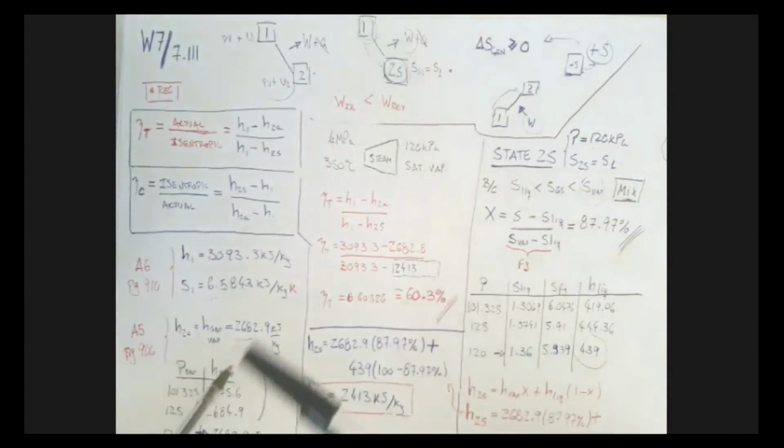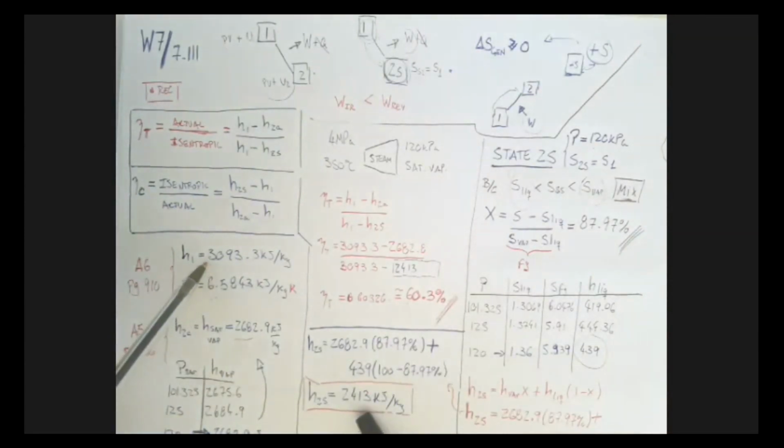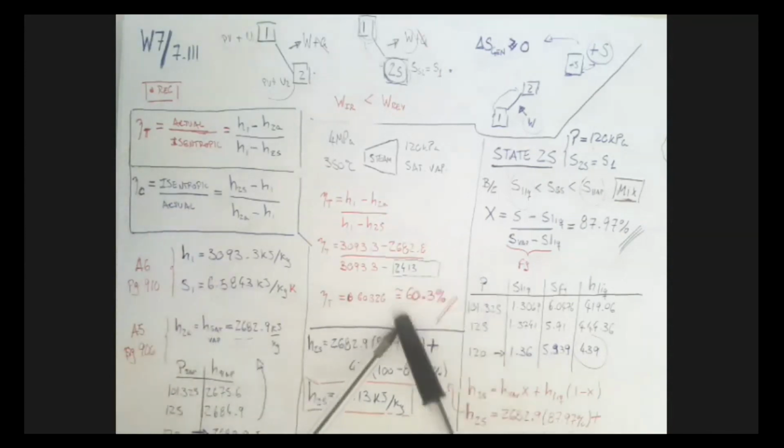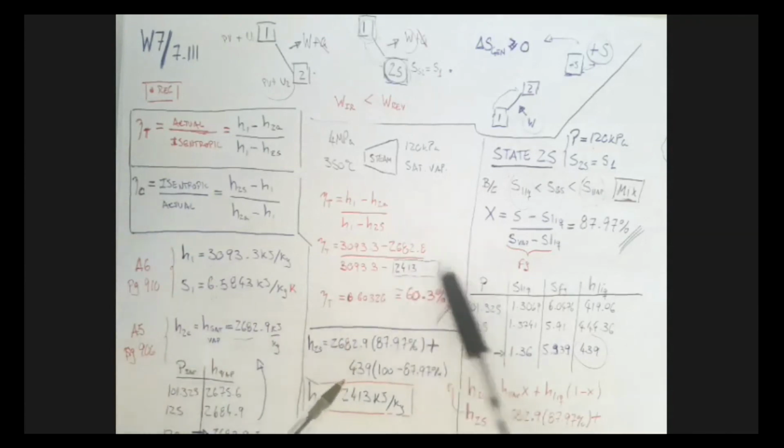So instead of having our difference here, so this amount of work, 3,000 minus 2,400, about 600 kilojoules per kilogram, we're only going to be able to grab this difference here, which is about 400 kilojoules per kilogram, right? So this 40% that we're losing is due to the irreversibilities of the process.